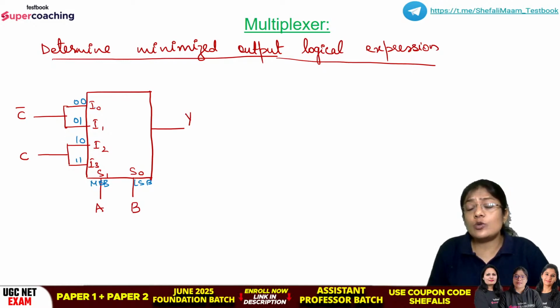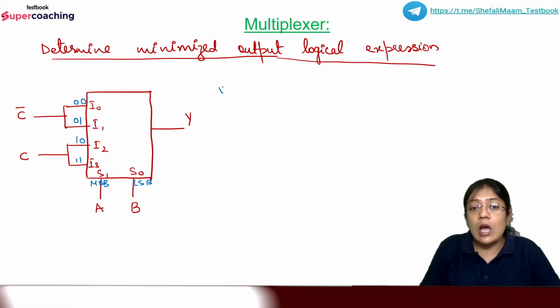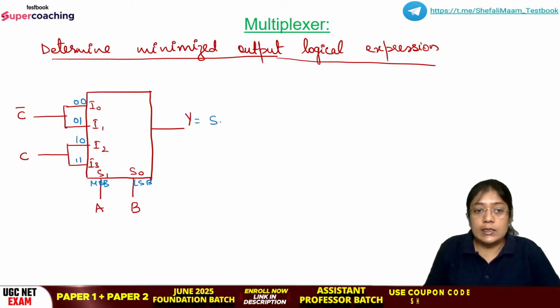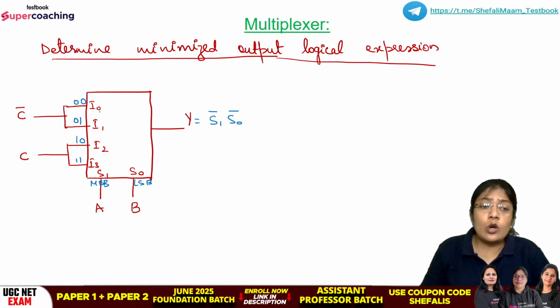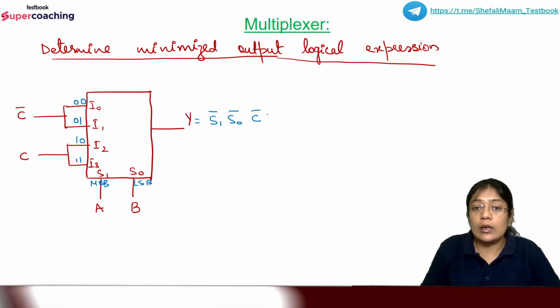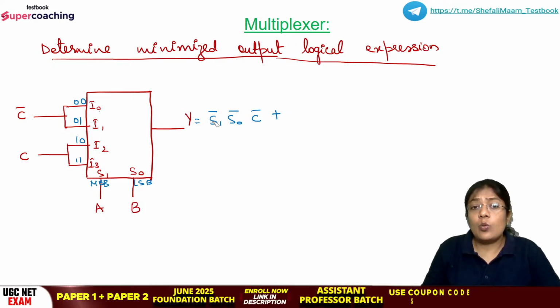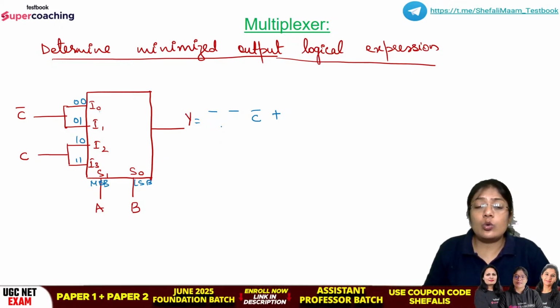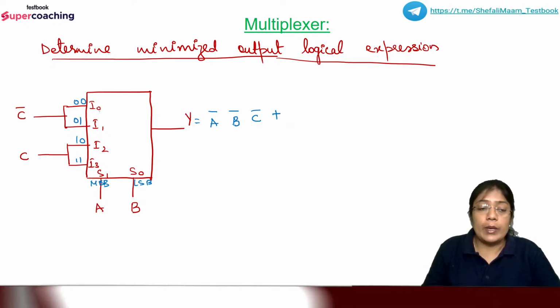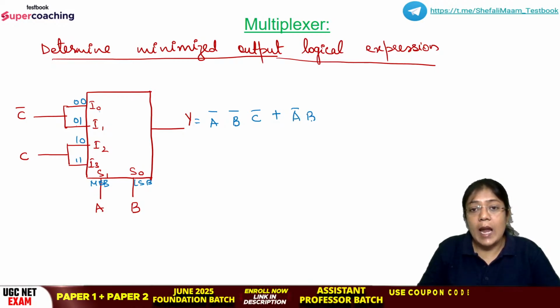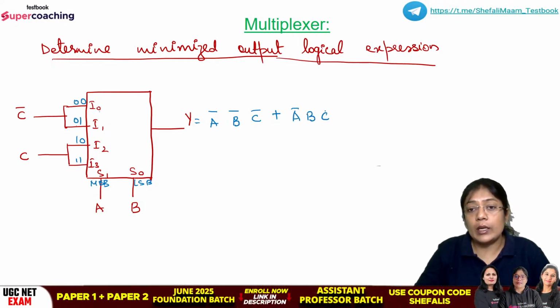This means that 0, 0 means we are getting here the output as S1 complement, S0 complement, and I0 की value क्या है, C complement. Plus, S1 is given as A, so let me directly write this as A complement, B complement. Then 0, 1, that means A complement B, and input is C complement.